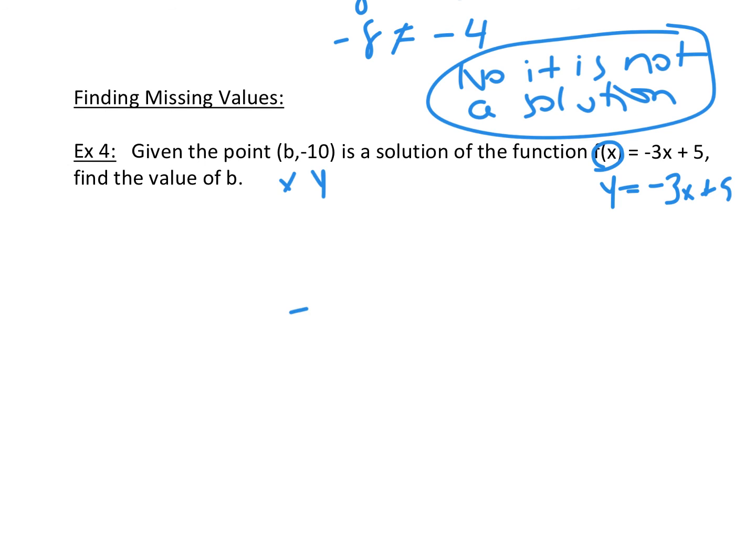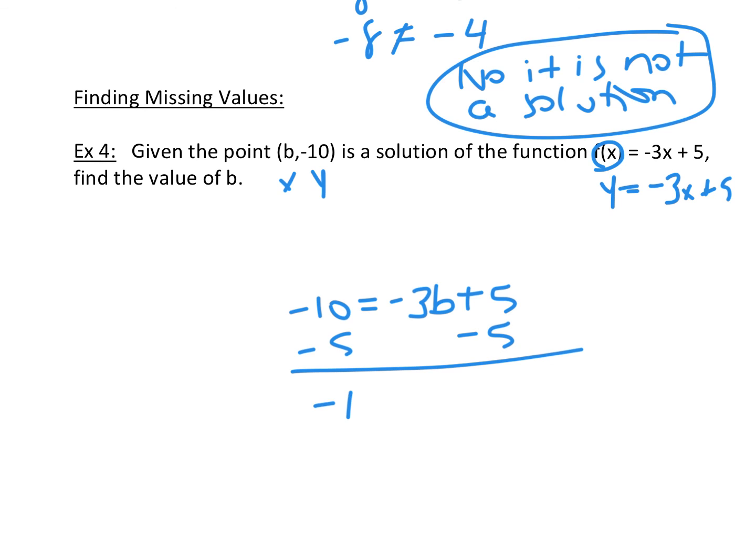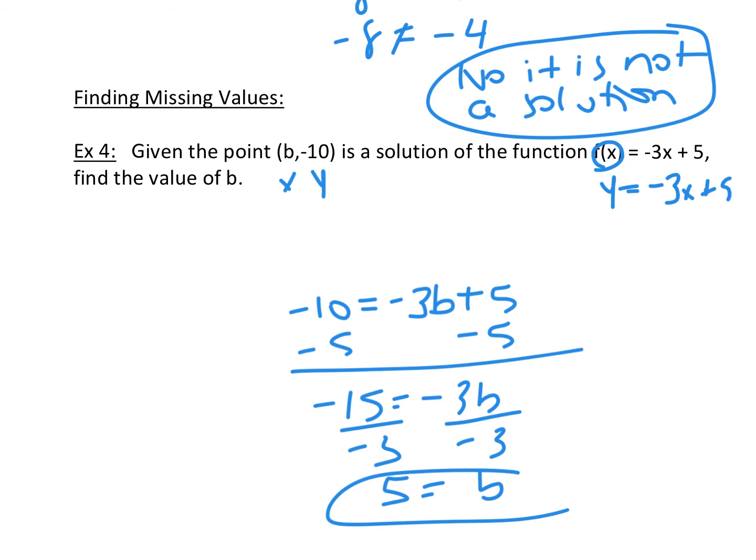So instead of y equals, I'm writing -10 equals. Instead of -3 times x, I'm going to write -3b plus 5. And I'm going to solve for b. So I will subtract 5 on both sides. I have -15 equals -3b. Divide both sides by -3, and b equals +5. That's the value of b that would make this point on the line.